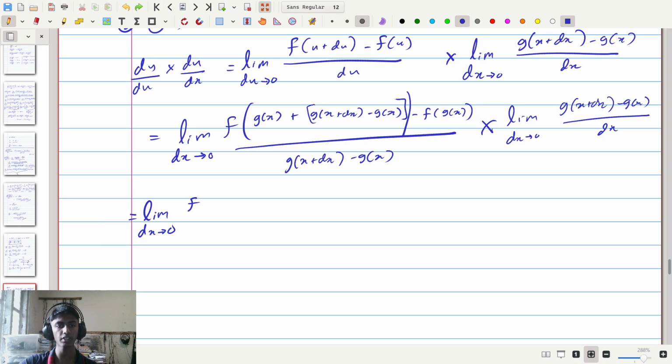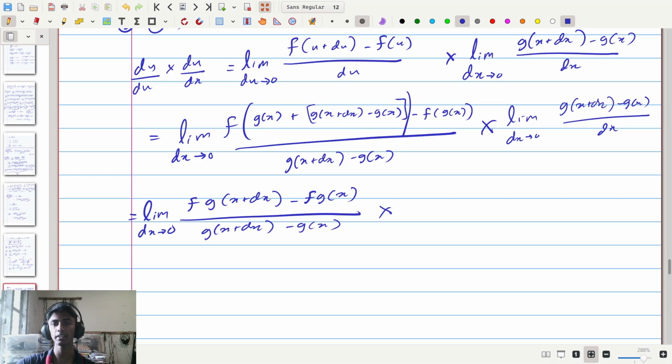So on the inside we have f of g of x plus dx, and then minus f of g of x, divided by g of x plus dx minus g of x, which needs to be multiplied by the second limit's function, which is g of x plus dx minus g of x divided by dx.